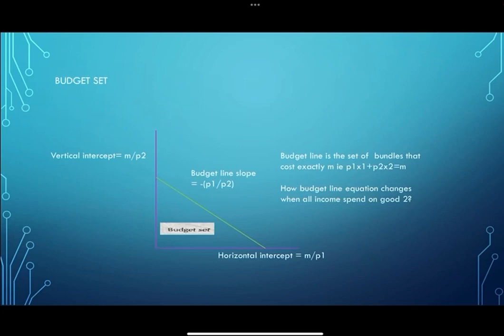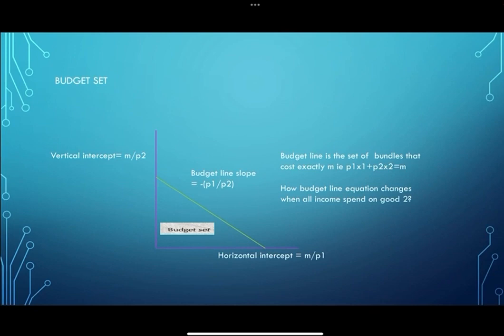You can see here the diagram of the budget set. The x-axis is considered as horizontal intercept and the y-axis is vertical intercept. Okay, what is meant by horizontal intercept and vertical intercept? See, if you are spending all your income on good 1, then it is referred to as M by P1.